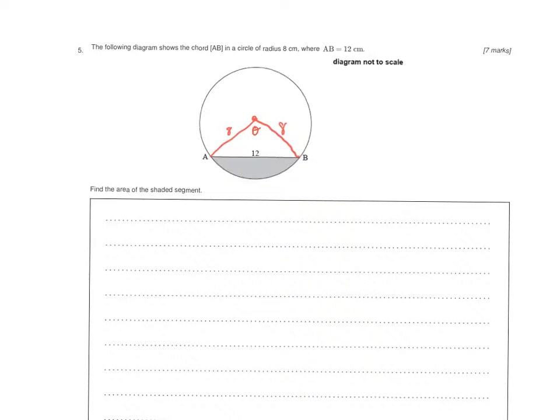So with geometry, a lot of times our goal is either to try to find ways to add up little small parts of the shaded area to get the whole shaded area, or to do something where we say, I'm going to try to find the entire area of this sector right here, and then subtract away the area of the triangle.